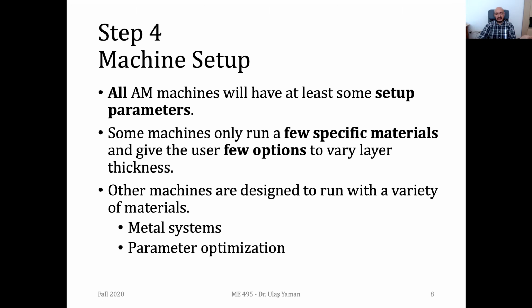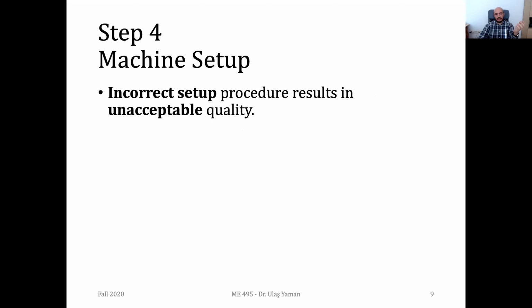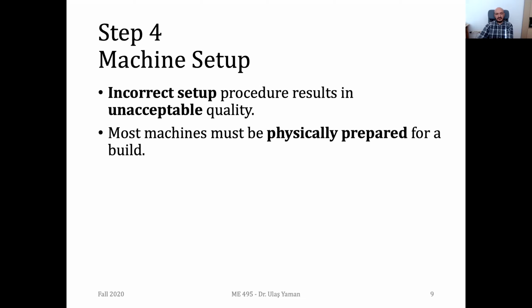There are many parameters to work on. So once you have an incorrect setup, obviously the quality of your part will be worse, and you may need to rerun all these steps and try to fabricate another example.